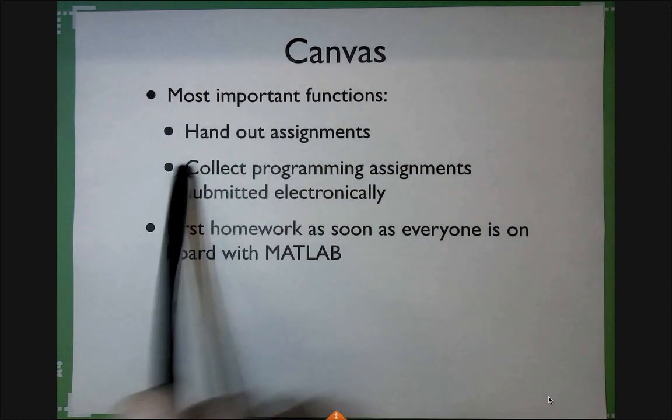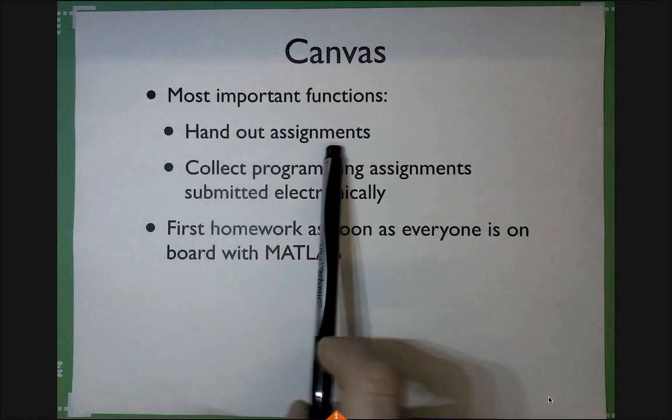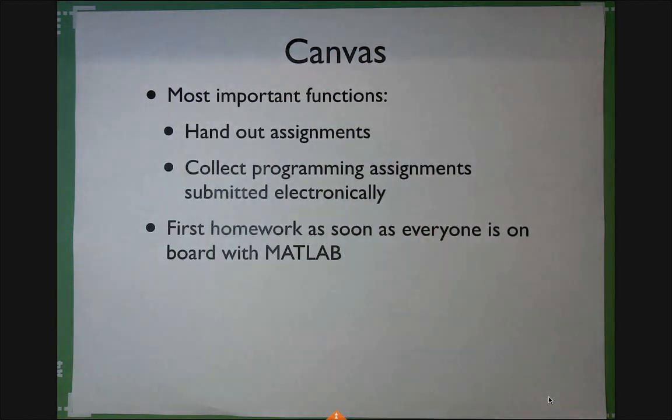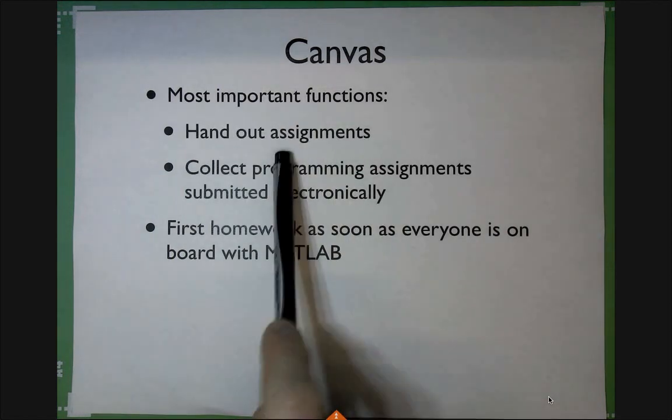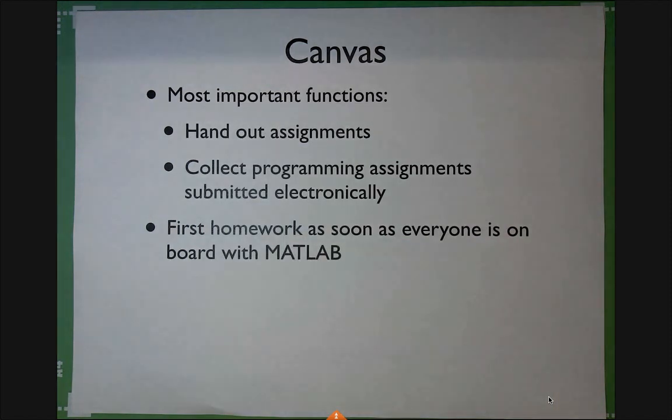I use it in this class mostly for handing out assignments and then collecting your solutions. So for all the projects and homeworks, I will just issue an assignment on Canvas. I guess you will all get a notification of that. There will be a due date. Typically, I think it's on Friday, and the due date is the following Friday, with some exceptions if there are holidays and so on.